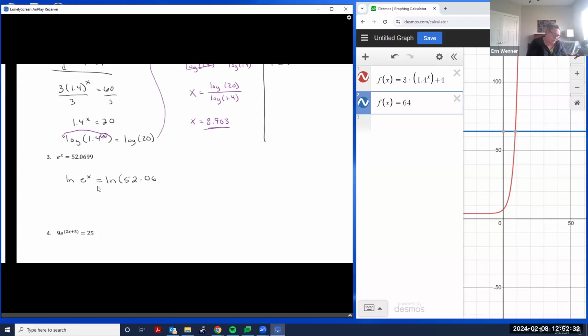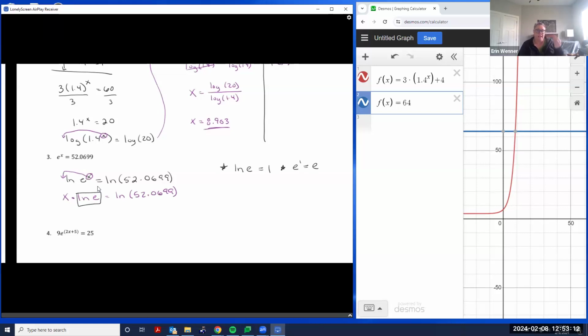Now, again, using that power rule, the exponent comes down in front once we take the log. And I have x times the natural log of e equals the natural log of 52.0699. The reason dealing with e is so nice is this piece right here. Remember the identity that says the natural log of e is equal to 1, because e to the first power equals itself.